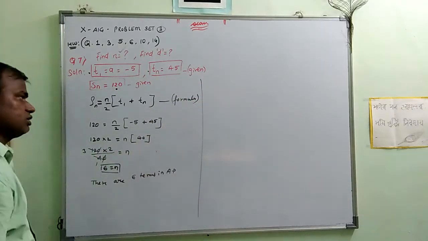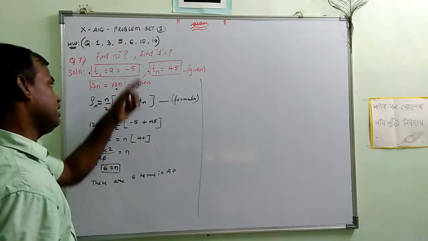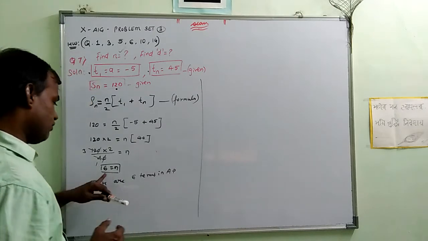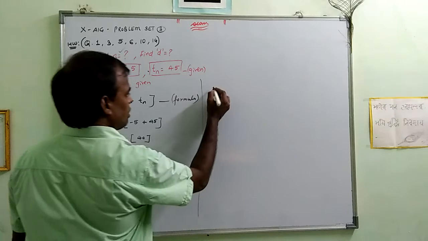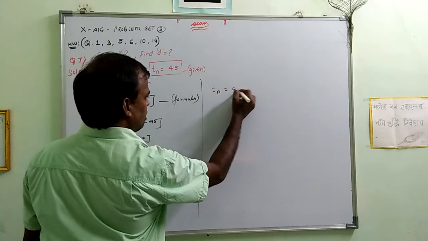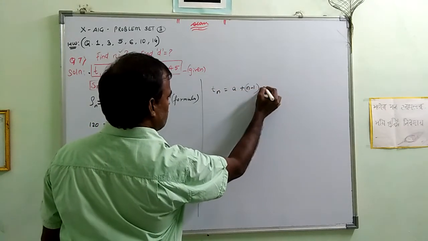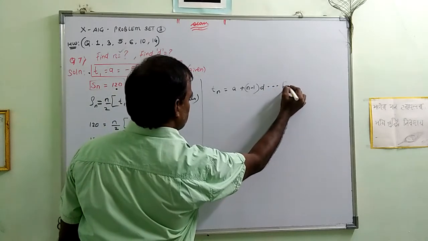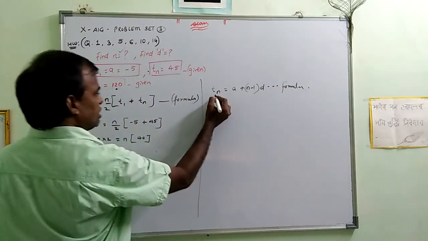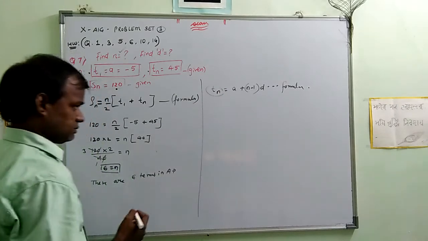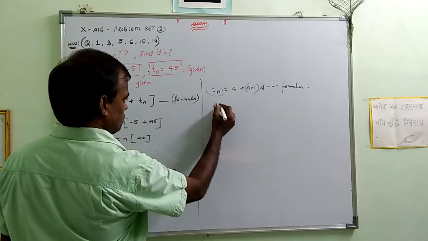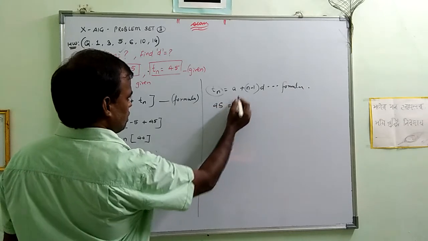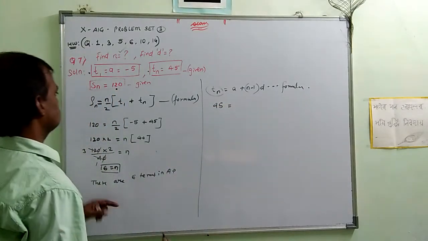Now another thing they want us to find, find D. So now we know n, so we can find t of n. Formula says that a plus n minus 1 into D. This value we already have, that is 45. A is how much?